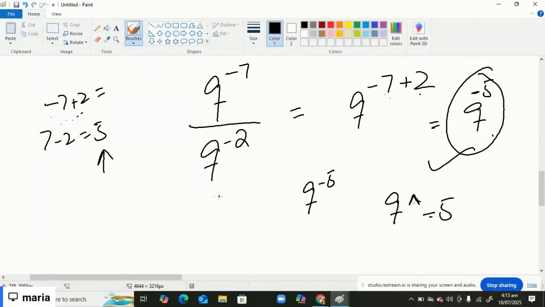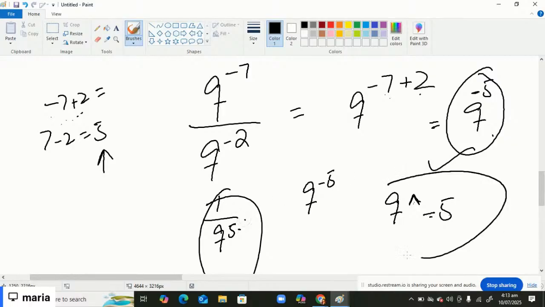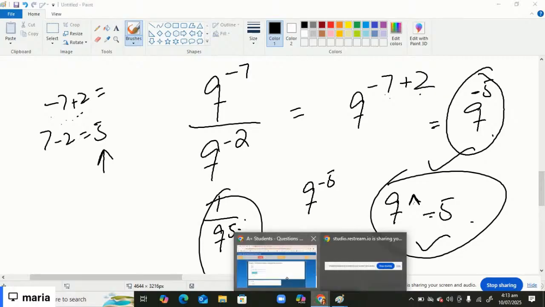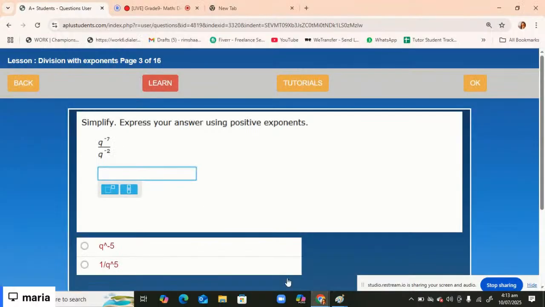Otherwise, if they say q power 5 in the form of a denominator as well, this is also the answer of that one, and this is also the right one. So let's see, both are right here. 1 over q power 5 and q power minus 5, these both are right. So let's go with this one.